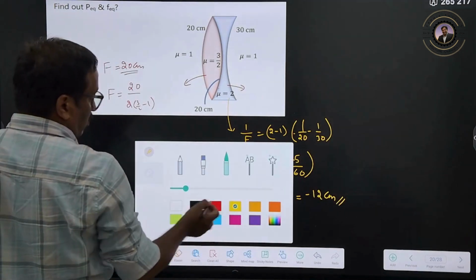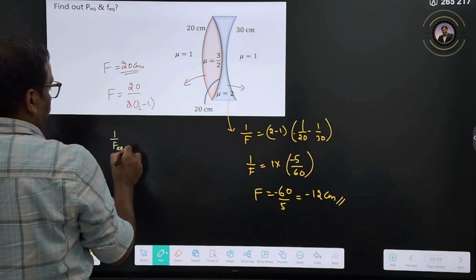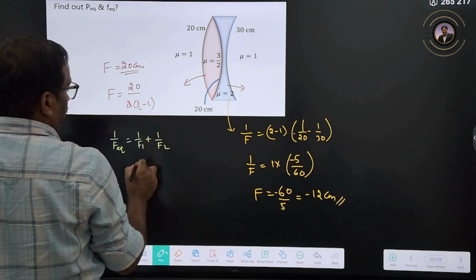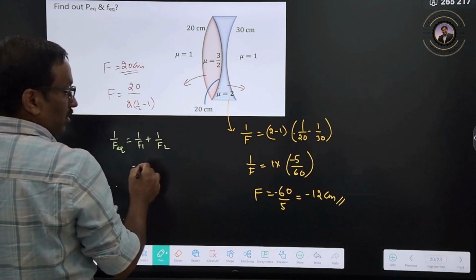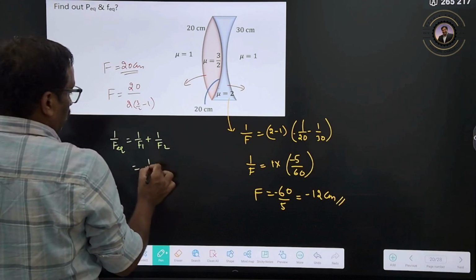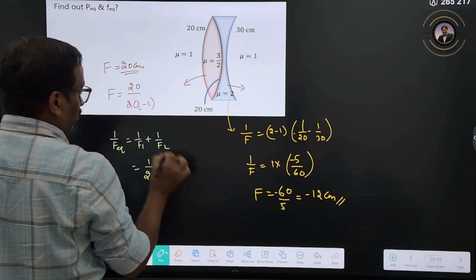Or you can calculate the power here. Power also you can calculate, or focal length you can calculate: 1 by f equivalent is nothing but 1 by f1 plus 1 by f2. 1 by f1 is how much now? 1 by 20 minus 1 by 12.